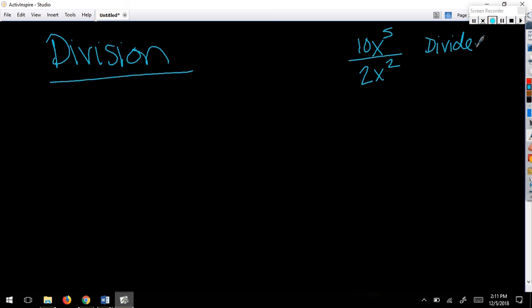That's what I said, it's pretty easy if you think that the concept's the same. All right, divide the coefficients, subtract the exponents. Okay, so this would be 5. What's the exponent, David? 3.